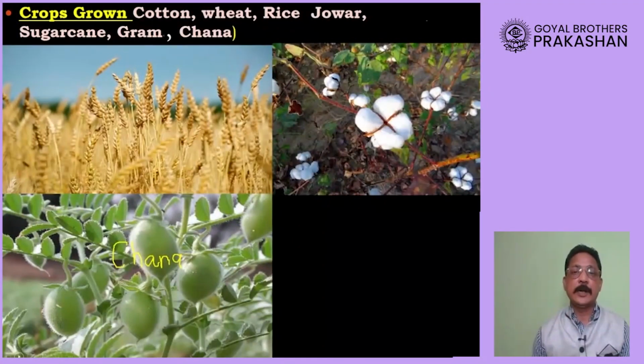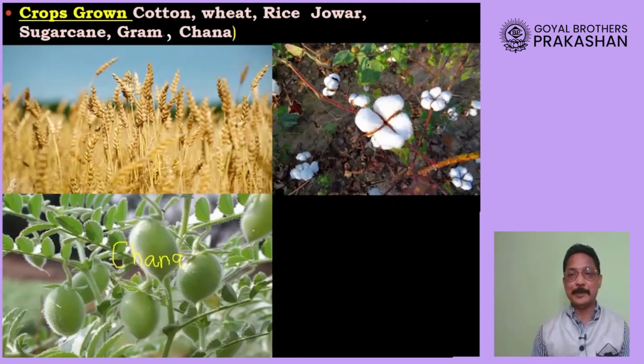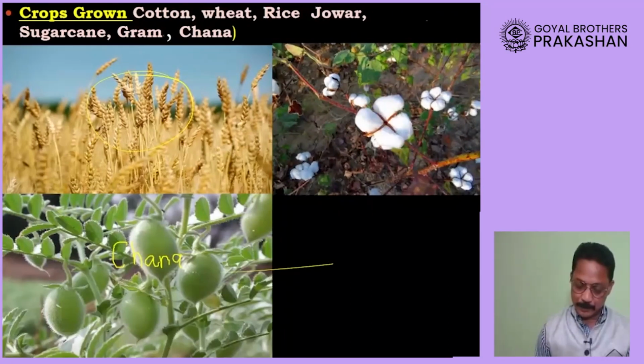Now let us look at the major crops growing in this soil. As we have already studied, the major crop growing here is of course cotton. Besides cotton, the soil supports growth of wheat. It also supports growth of gram.